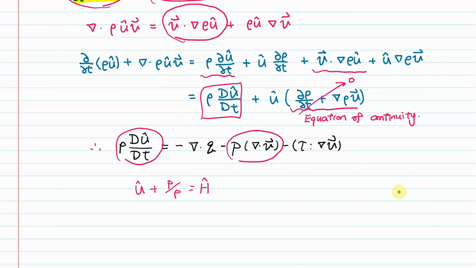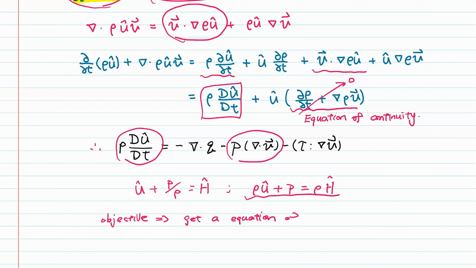In other words, rho U plus P equals rho H cap. So we're going to use this concept. The objective is to get an equation of enthalpy.